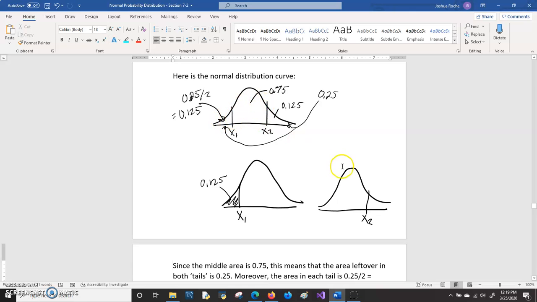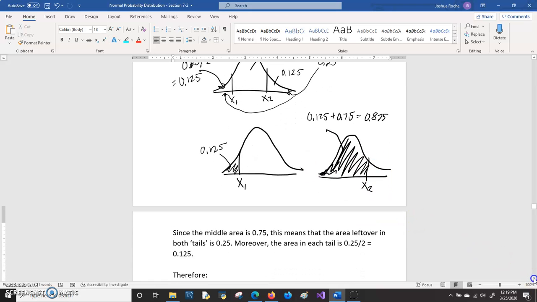If you add those two together, that gives you the total area that's to the left of x2. That'll be useful for doing the calculations.